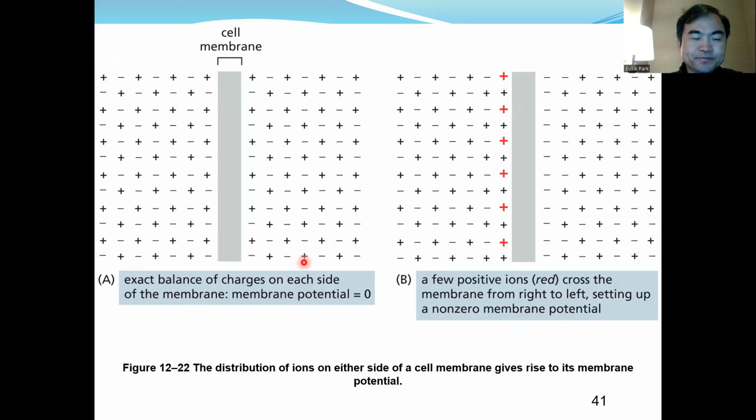And the distribution of ions on either side of the cell membrane gives rise to its membrane potential. In this case, it's an equilibrium state. However, here it is more positively charged and this side is negatively charged, so there is a potential difference.